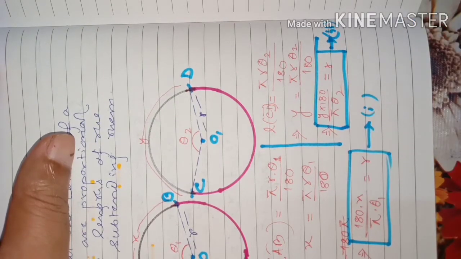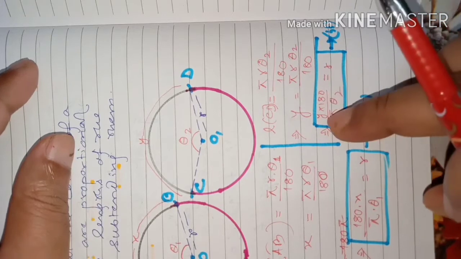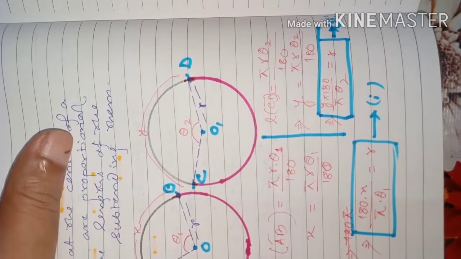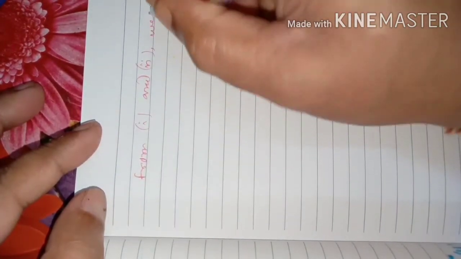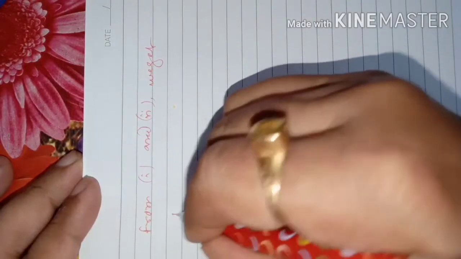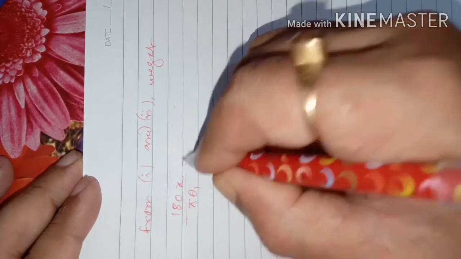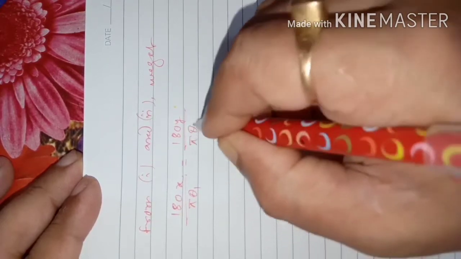So from this we can say that 180 into x by pi theta 1 is equal to 180 into y by pi theta 2. So our conclusion from 1 and 2 is that 180 x by pi theta 1 is equal to 180 y by pi theta 2.